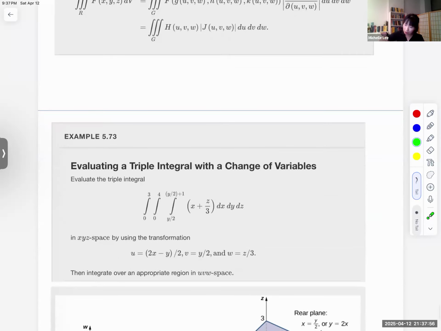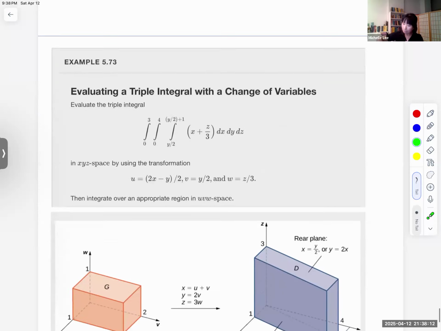We want to evaluate this one. Remember last section? I had a struggle with the algebraic work, right? So let's take a look at this one.